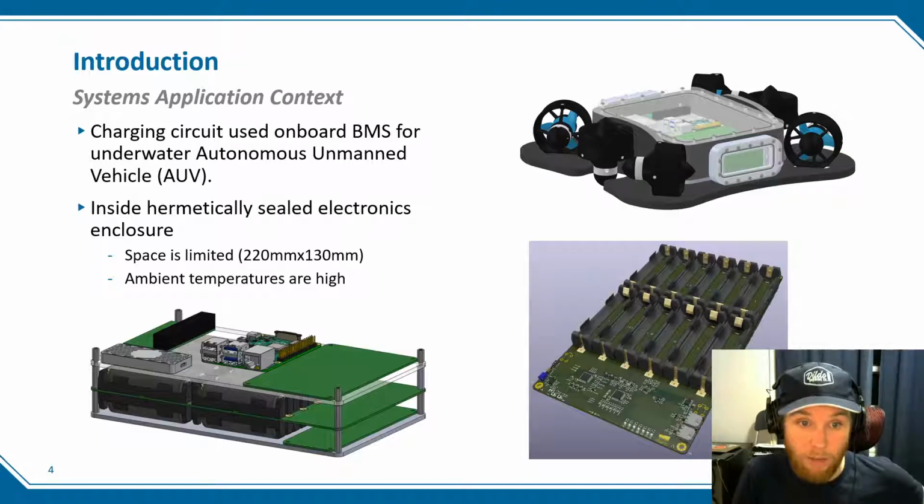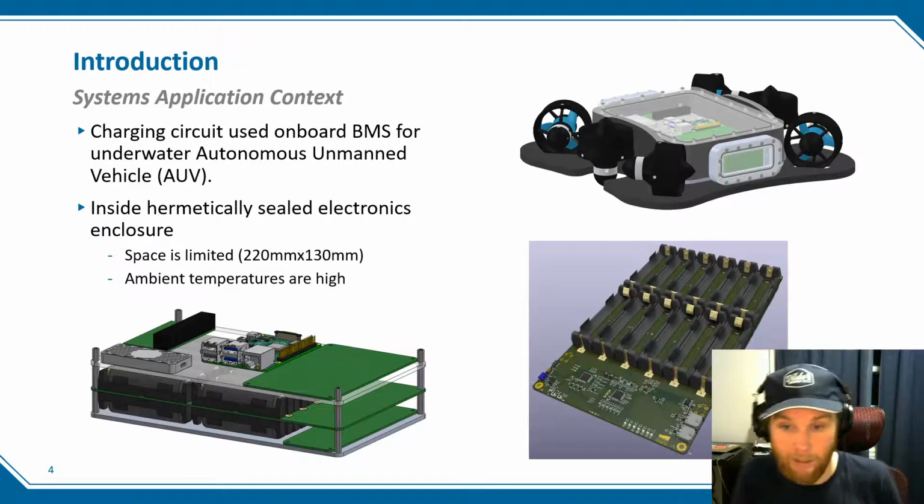As well, the ambient temperatures are really high since there's only a small volume of air used for convection and conduction cooling, and that heat is carried out to the edges of the board, or the enclosure. And so the efficiency of the circuit is also very important. The efficiency has to be very high so that the components do not overheat and ultimately fail or get stressed.